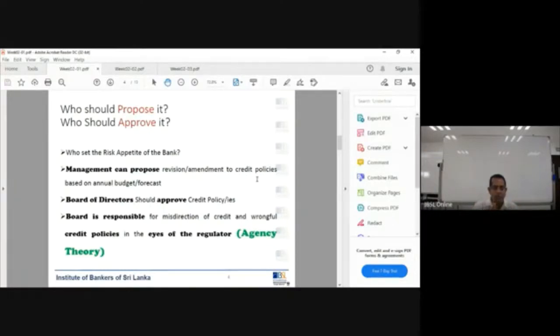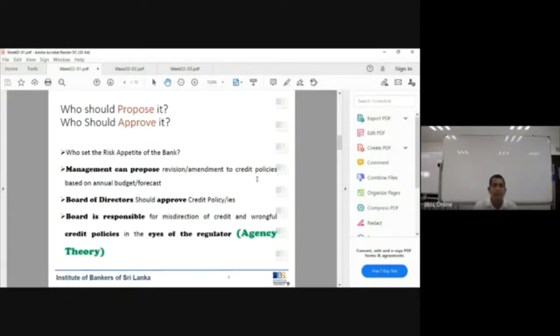So if something goes wrong, our authority, CVSL, or the credit supervision or the central bank, will catch hold of the board of directors first, then only the top management and subsequently, right? So on the credit policy, management can propose it, but the board of directors has to approve it.